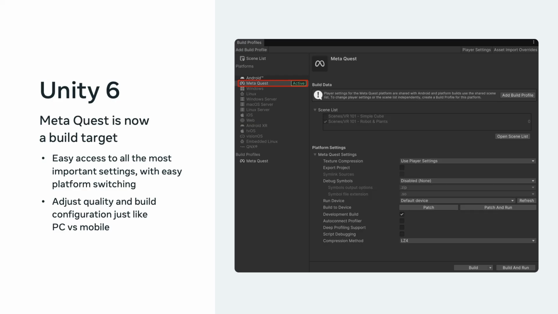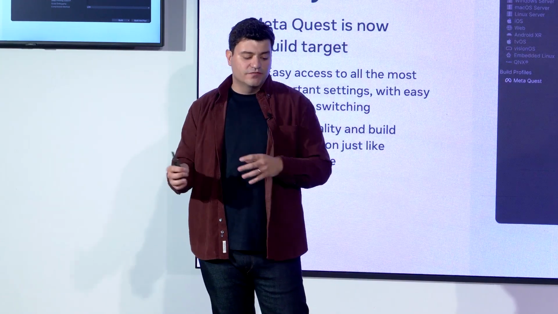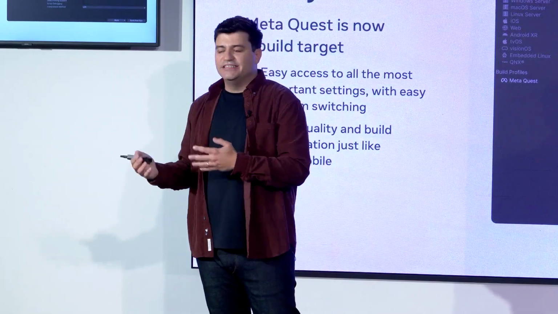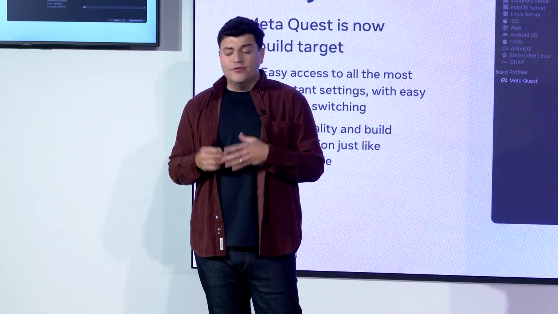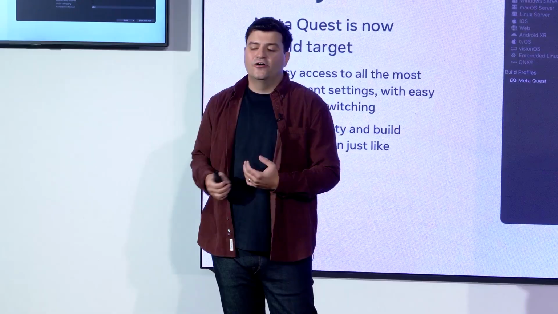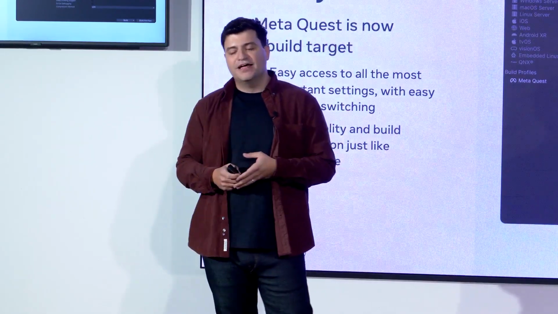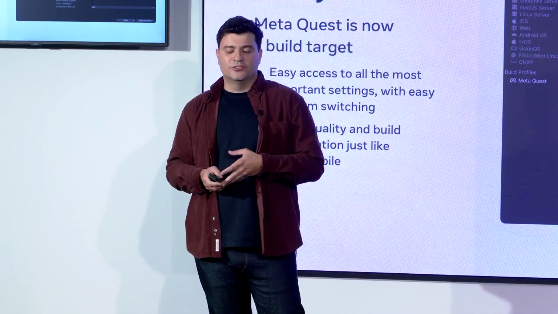You don't have to go through any of these hacky processes anymore when you're building for Quest. It's a build target now, and you can adjust the quality of the build and the configuration like you would in a normal PC or mobile project. We've also integrated many of our automation rules that you find in the Project Setup tool directly into that path, which makes things a lot faster when you're starting the project.